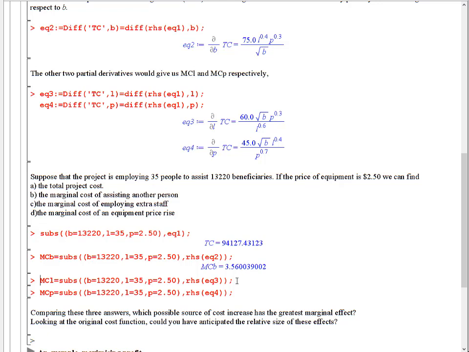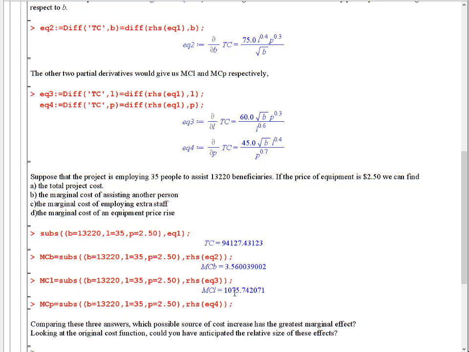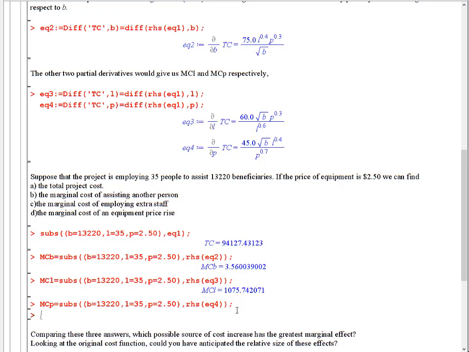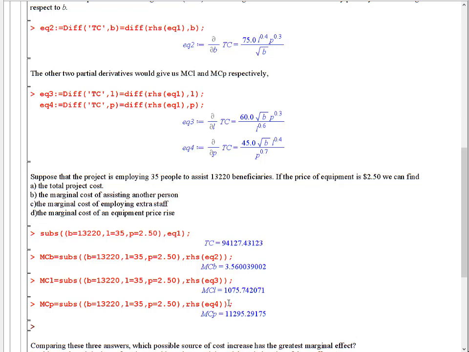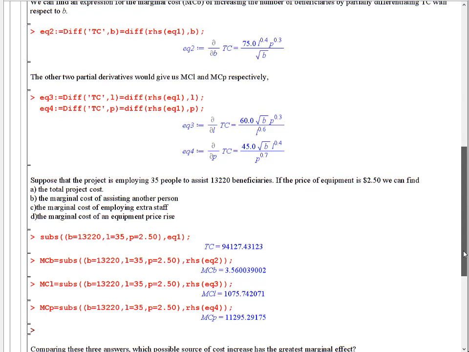How much will it cost to employ an extra person? Well, you put this into this one here. That will cost you an extra $1,075. How much will it affect your total cost if the price of equipment went up by $1? That's the last marginal. That will cost $11,295.